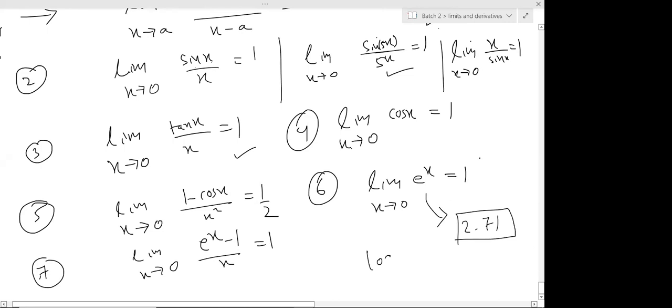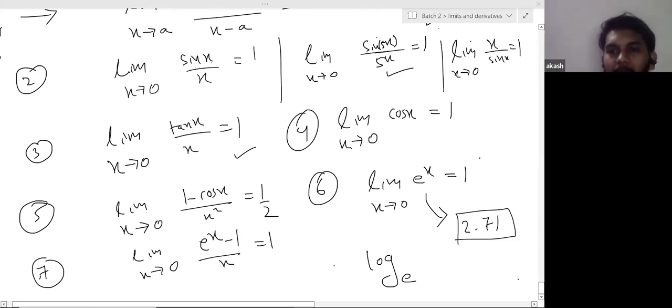If you remember or know about log, if you have base e, we call that natural log. And here you can change the value of x to anything. The answer will be the same.